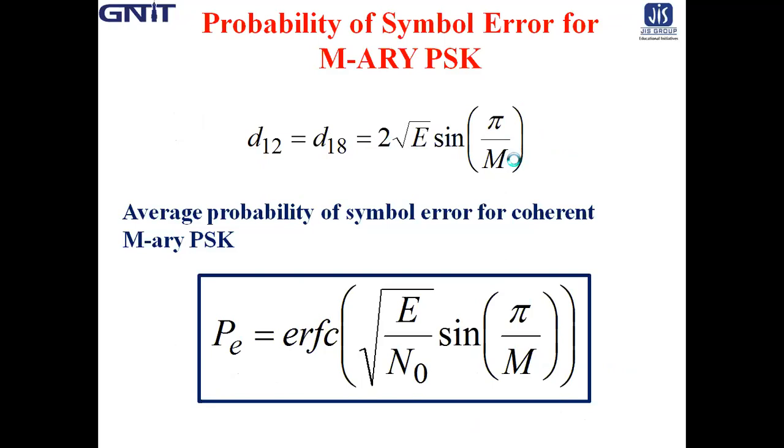And correspondingly, the average probability of symbol error for coherent M-ary PSK, denoted as Pe, is erfc(√(E/N0) sin(π/M)). So this is the probability of error for coherent M-ary PSK.